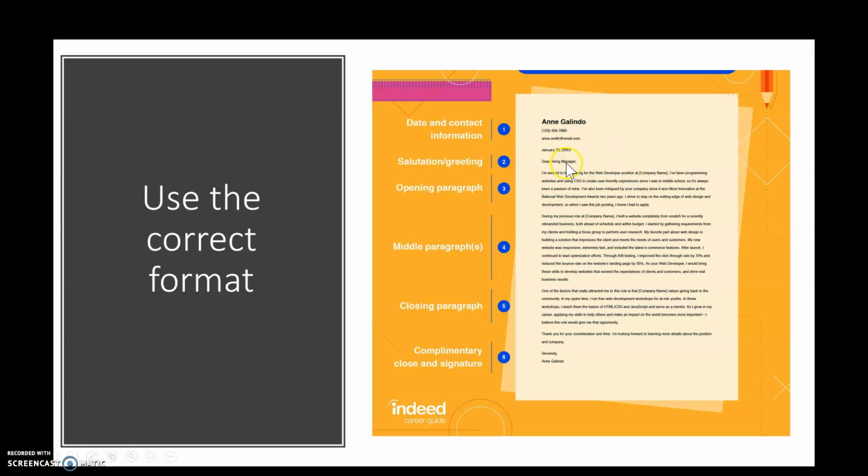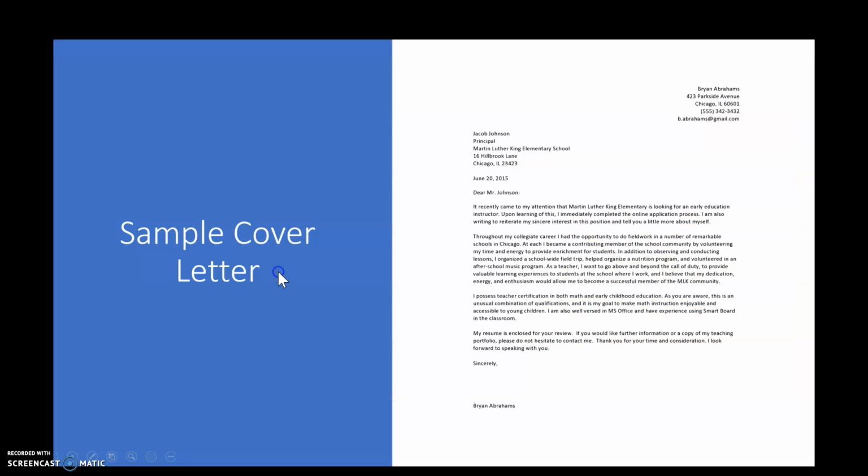Then you have your salutations, your greetings. So here it says dear hiring manager, and dear is fine. Just make sure you use the name instead of hiring manager. Then you have your opening paragraph, your middle paragraphs, your closing paragraph, and your complimentary close, like sincerely, and your name and signature.